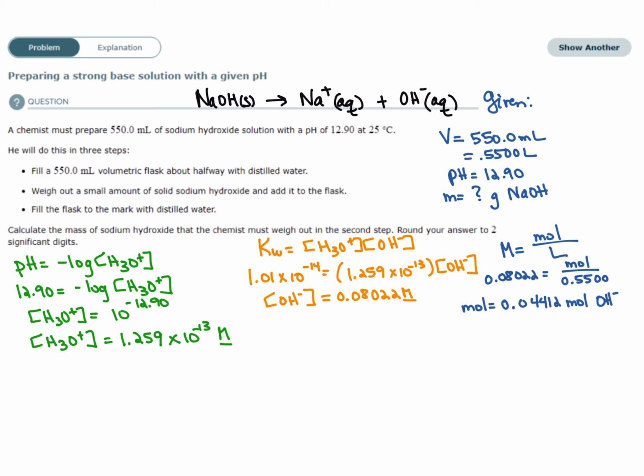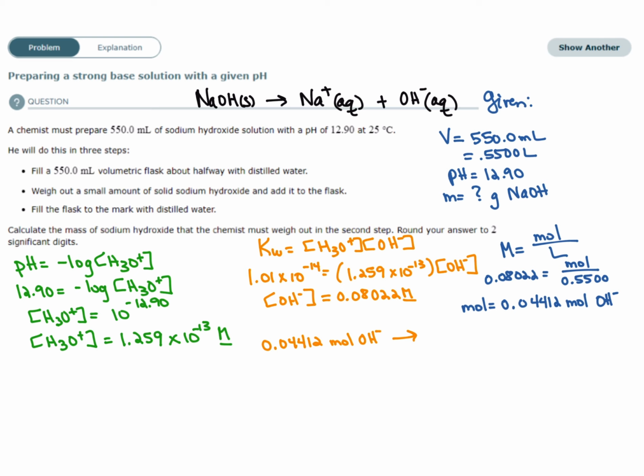Okay, we're almost there. Now we need to convert moles of hydroxide to grams of sodium hydroxide. I'm going to give myself a roadmap just to help me keep things in order.